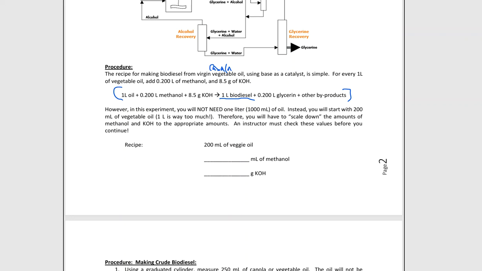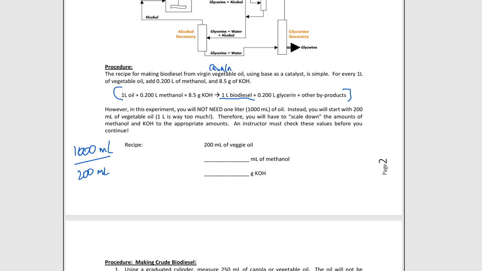I want you to think about what's happening here. You have a recipe that is based on 1,000 milliliters, 1 liter of oil, but you really only need 200 milliliters for the reaction to take place and give you enough to do some of the testing with. So we have scaled this down, haven't we?